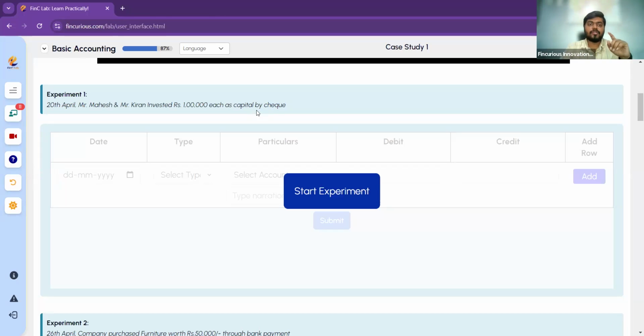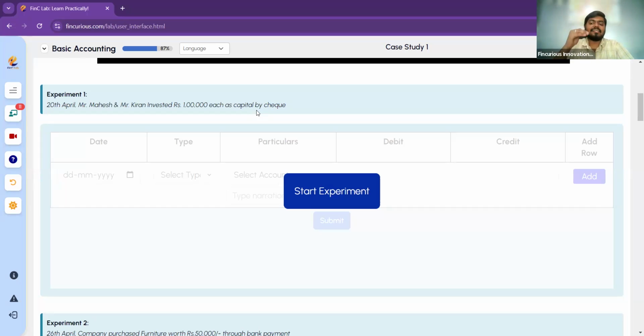First of all, we need to identify the accounts, right? What are those accounts? Bank account, Mahesh capital account, Kiran capital account, because those two people are investing as capital. So what is this capital account? That is nothing but a liability. What is this bank? It is an asset. From the company's point of view, the amount is coming inside the company. Asset is increasing.